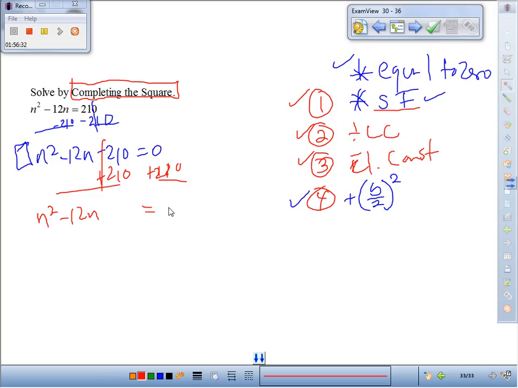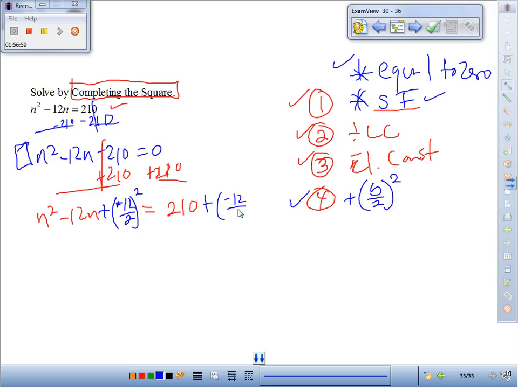Leave a blank space equals 210. Are we there so far? Don't we have the same thing that we started with? That's why I said we already skipped all these steps. Now we're here. Add b over 2 squared. What is b? Negative 12. So this is negative 12 divided by 2, squared.